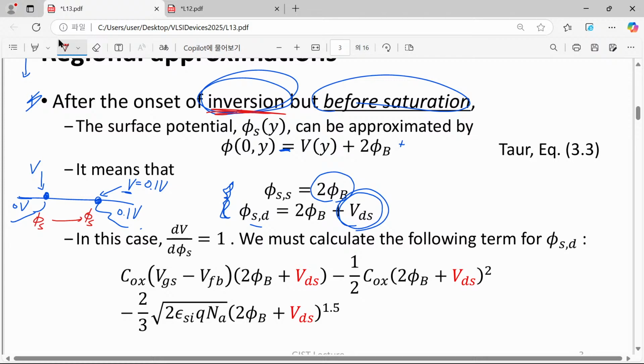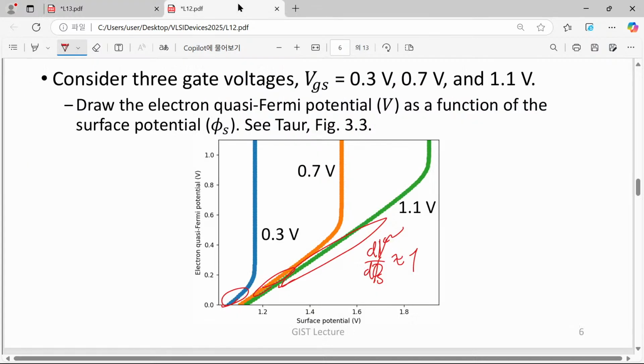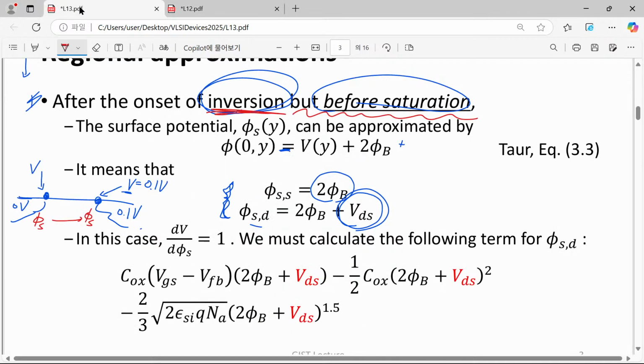Here we have some constraint, but before saturation. Before saturation means that we are currently neglecting a point like this. So in this case, it is completely okay to write it in this way. As I have shown here, now we can introduce this kind of simplification.